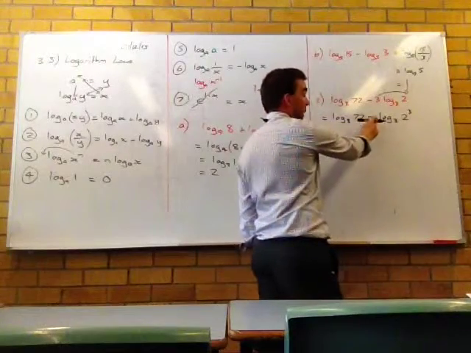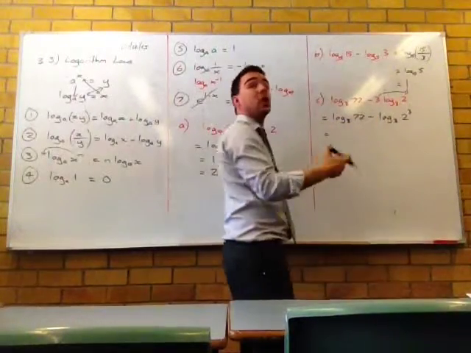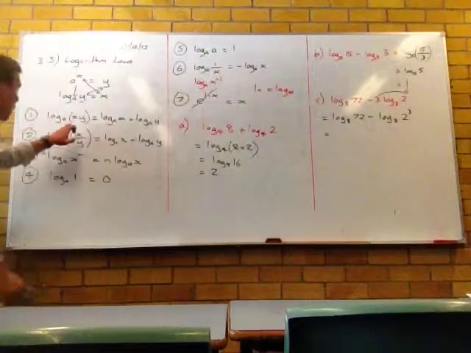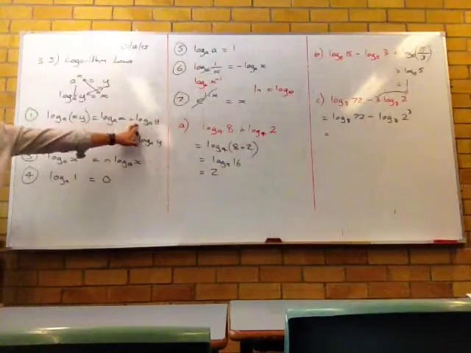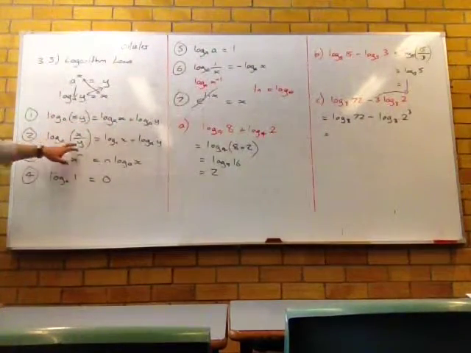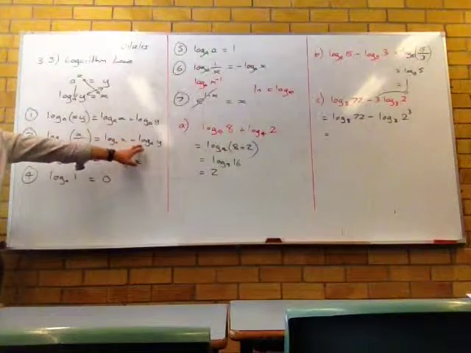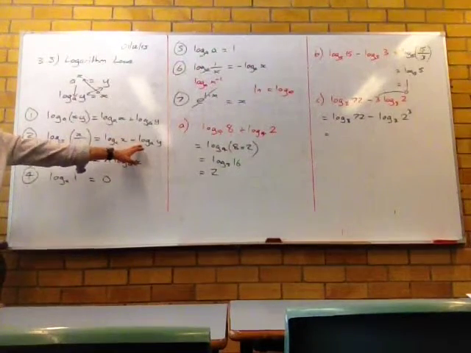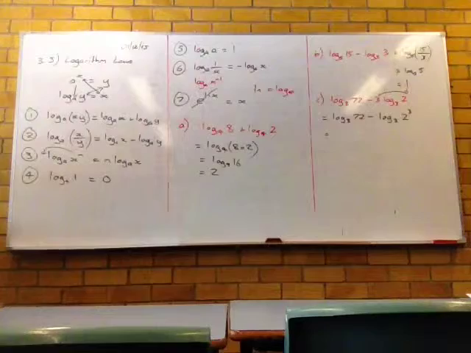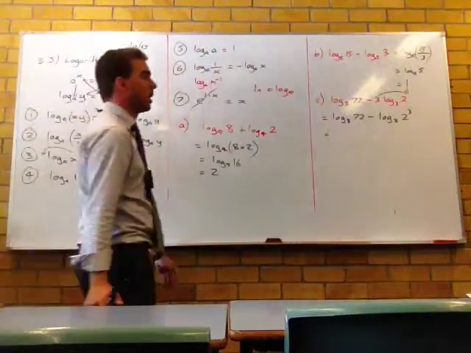Alright, so subtraction with the same base is really like your index law. When you're multiplying with the same base, you add the powers. When you divide by the same base, you do a difference of the powers. So it's really your index laws again, because logarithms are the opposite of exponentials.